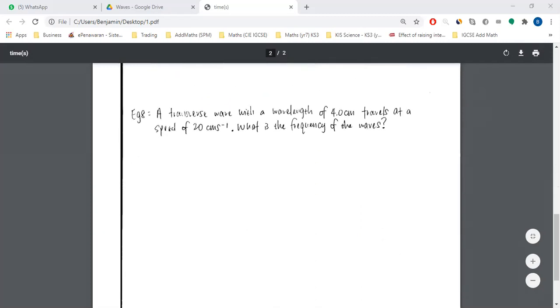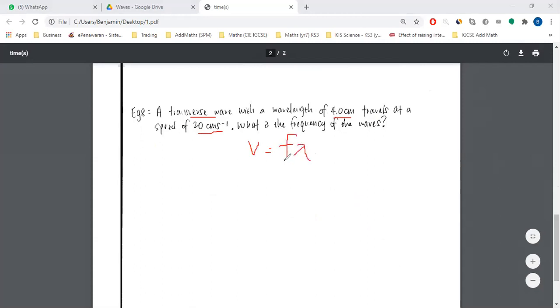Okay, example 8. A transverse wave, again to calculate the speed. A transverse wave with a wavelength of 4 travels at a speed of 20. What is the frequency of the wave? Pretty straightforward. V equals F lambda. Be careful with the unit.